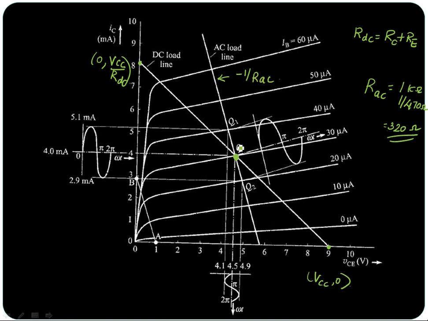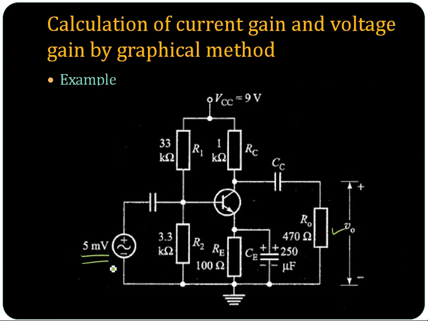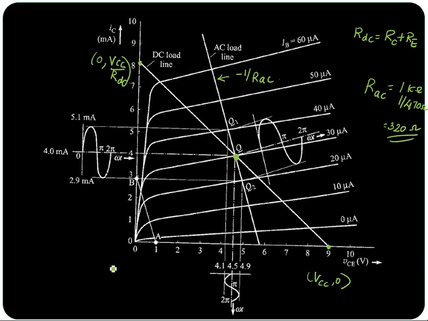You can draw this AC load line by following the procedure I just discussed. If in the previous figure you take OA equal to 1 volt, then OB is equal to OA by RAC, which will be equal to 3.1 milliampere. After locating these points, suppose you are applying this 5 millivolt at the input.